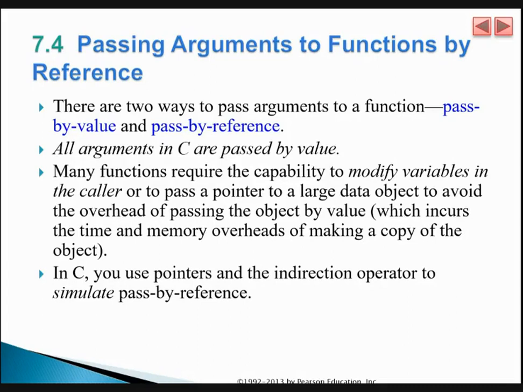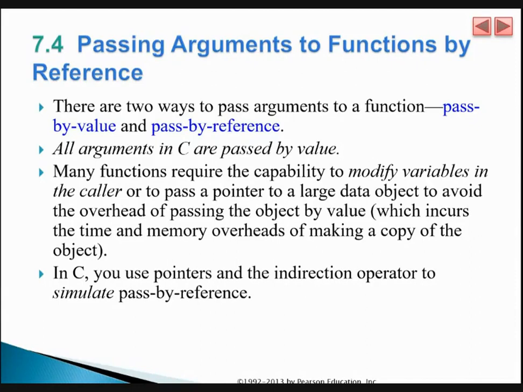Okay, and why can it be used? As written in the slide, when we have very large data objects, it is an overhead to pass the entire object, because when we do a pass by value operation, one more copy of that object is created, the local copy for the function. So the entire copy has been made.